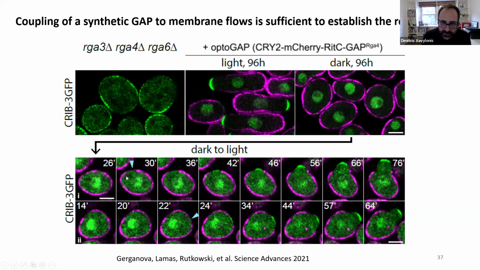In a time-lapse experiment where the cells are moved from dark to light, you can see how initially the optogap, after exposure to light, binds the membrane, and then a site gets cleared up from this protein, and then a tip grows out of that site.